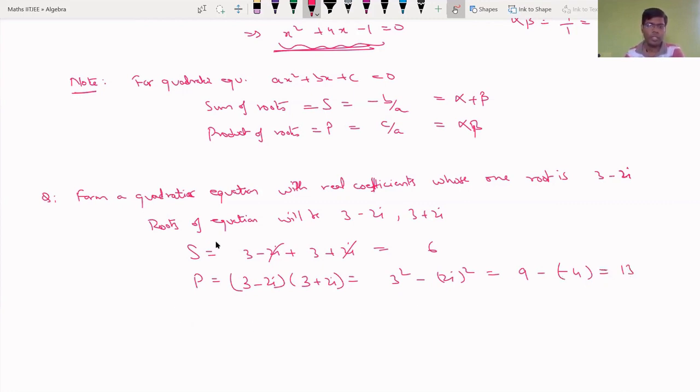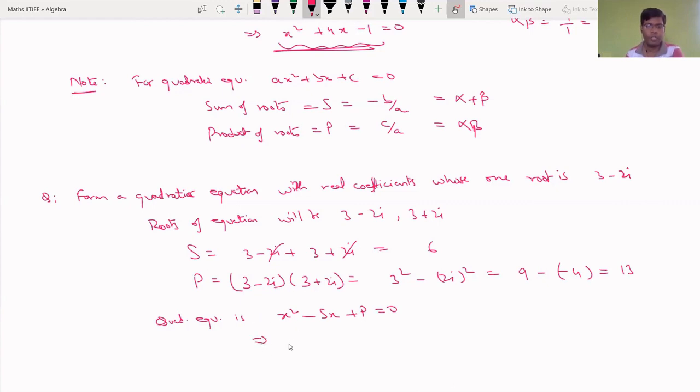Okay. So again, as we know, if S and P are the sum and product respectively of the roots of a quadratic equation, then the quadratic equation is x square minus Sx plus P is equal to 0.